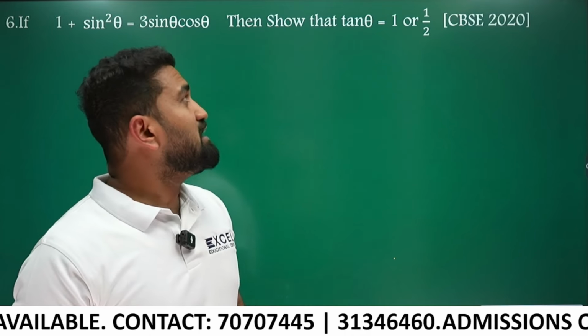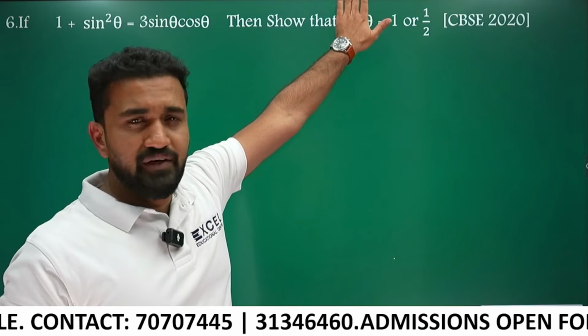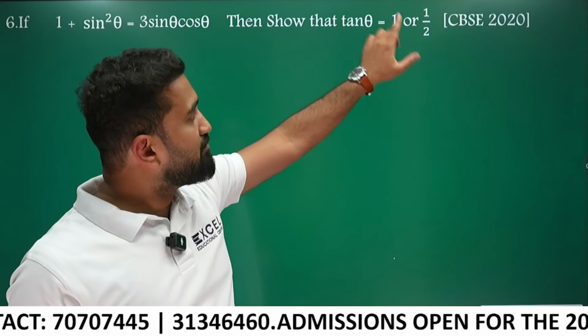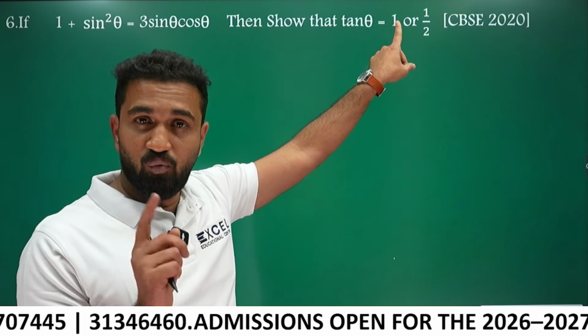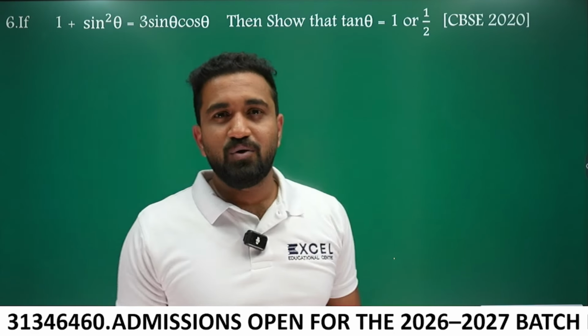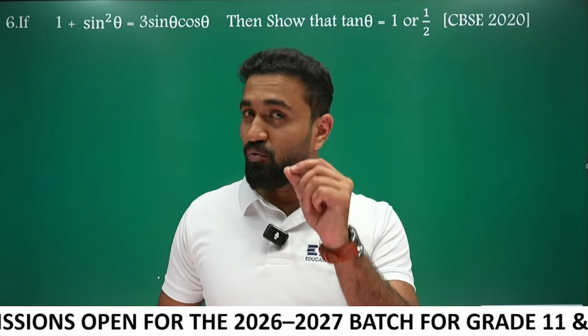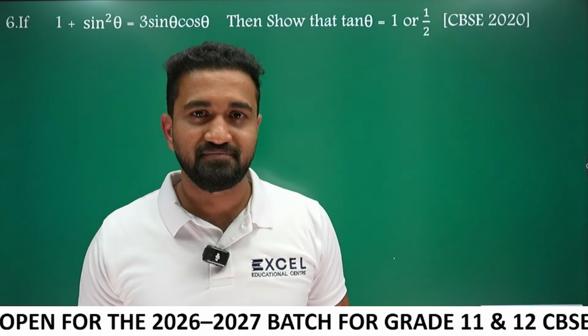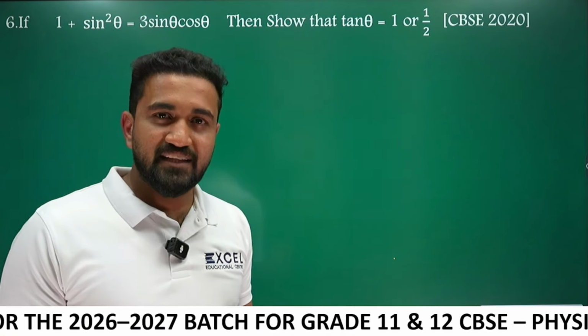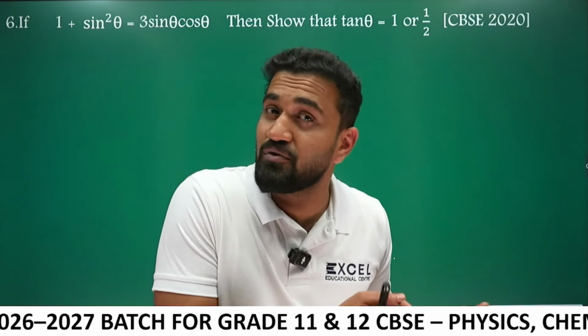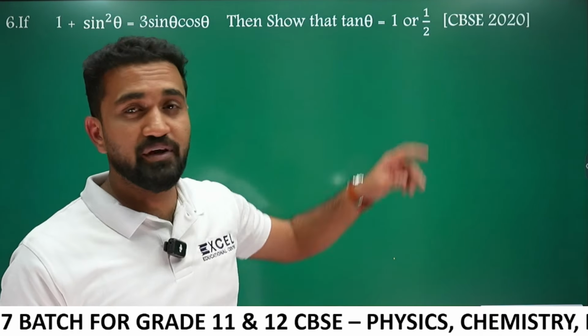Okay? See, they're telling that the value of tan theta, or some x, is having two values. What are they? 1 or 1 by 2. So if an expression is carrying two values, it should be what? A quadratic equation. So the x value, the roots, the zeros of the quadratic equation will be 1 or 1 by 2.